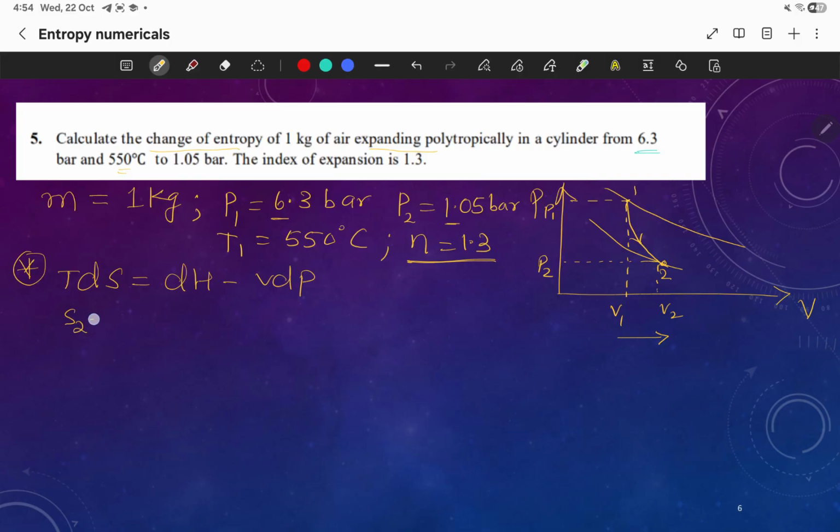I am just directly writing the formula. This will be mCp ln T2 by T1 minus mR ln P2 by P1.